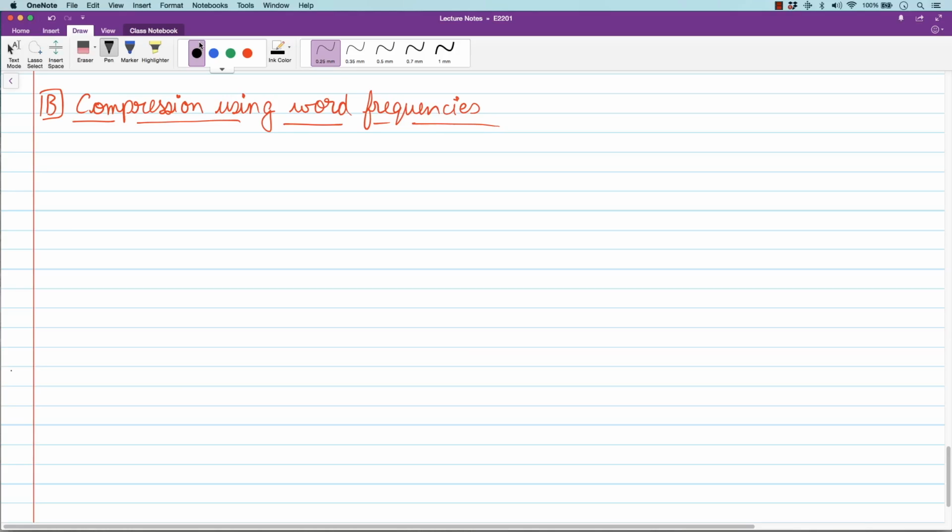Let's start with the simplest version of this scheme, where the alphabet X is the binary alphabet, and we are looking at n-length binary sequences. So our scheme can be described as follows. This is a compression scheme.